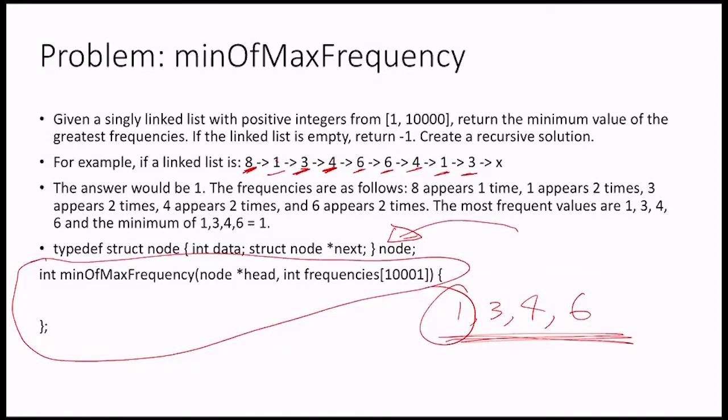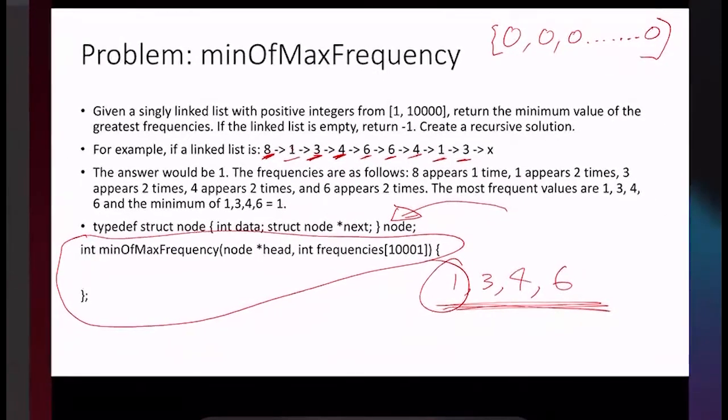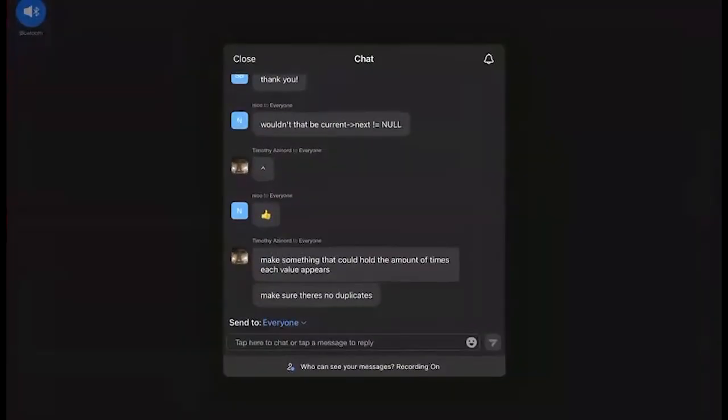So we can assume, this is given, that the frequency array is non-null, and that it's initialized all to a bunch of zeros. So it's just going to be like a regular frequency array that you probably dealt with throughout CS1. So if anyone has any questions, because I know this one is a little hard to understand, feel free to let me know.